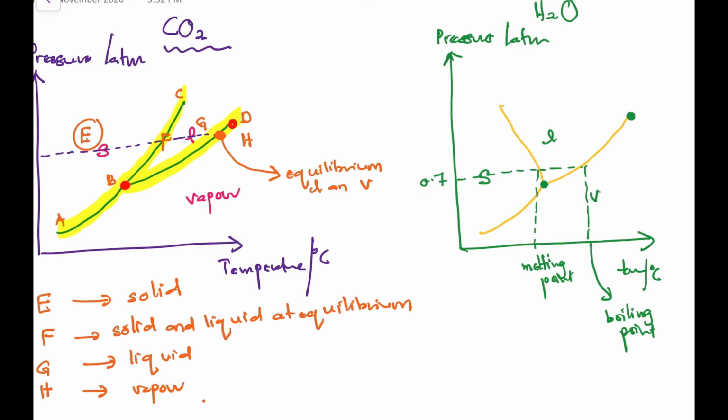For example, if it is at 1 atm, the points become the normal melting point and the normal boiling point. Okay, so you're supposed to know why the melting curve of water has a negative slope while the melting curve of carbon dioxide has a positive slope.